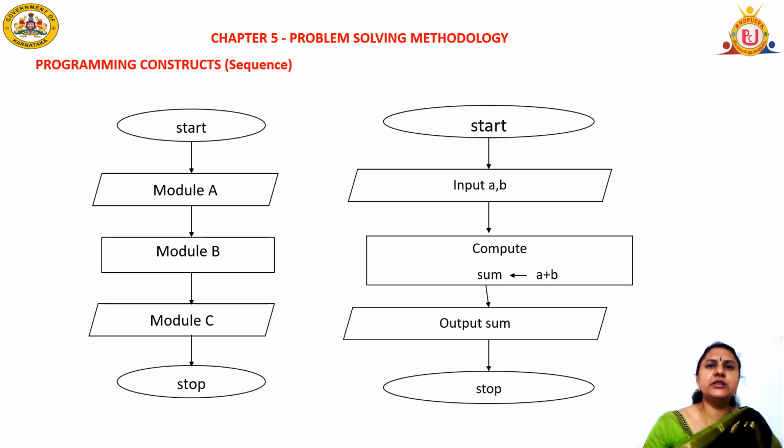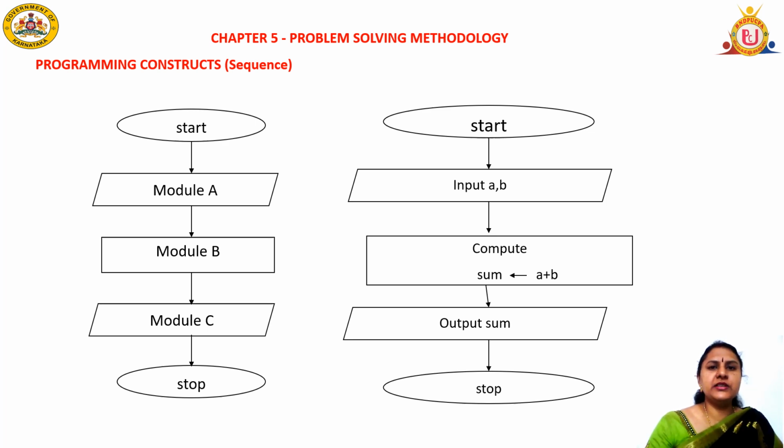Let us discuss the addition of two numbers, or sum of two numbers. Start. Next, input A and B, A comma B, in a parallelogram. Next, the computation part. We will add A and B, that is A plus B, and store the result in sum. This is called the process part, that is computation.